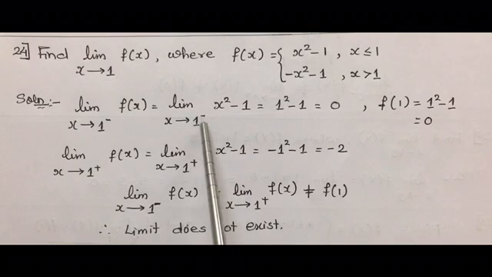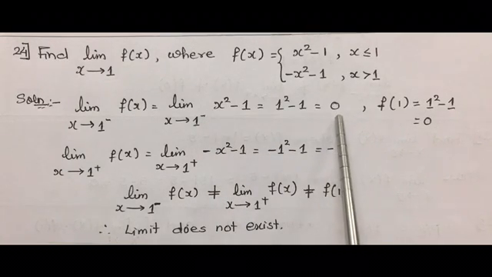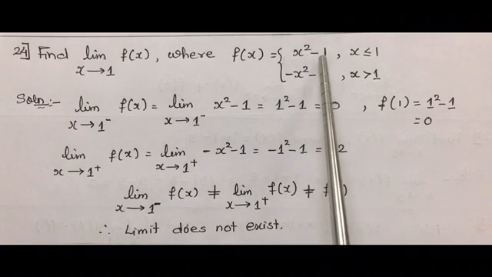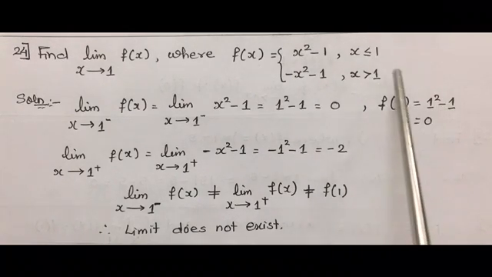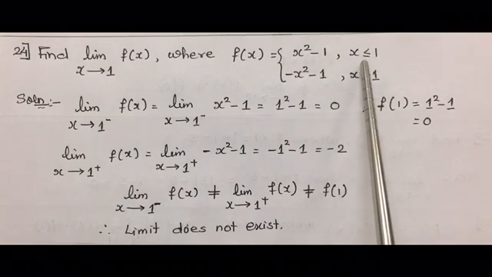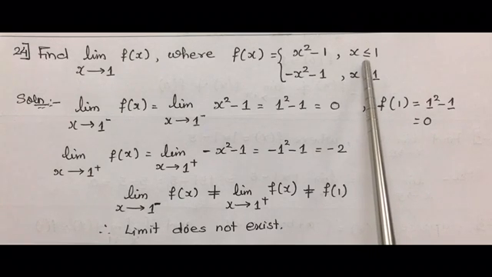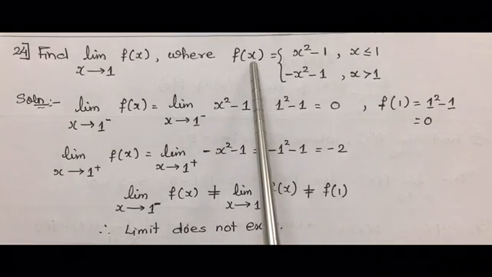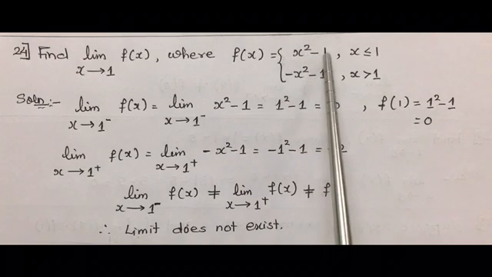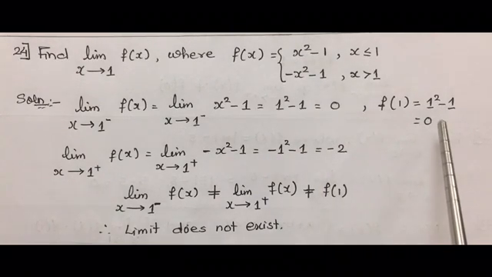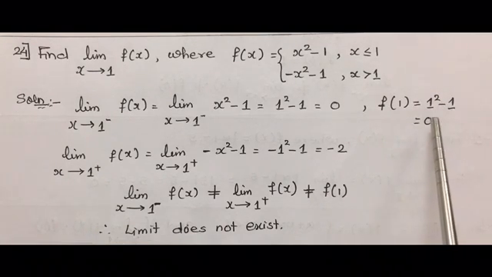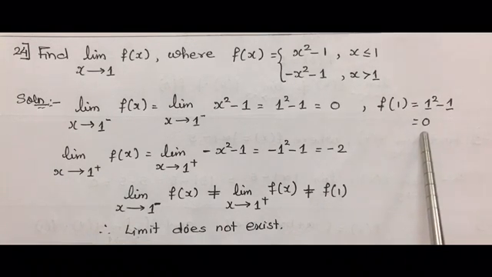Keeping the value of x as 1, we get the answer as 0. Now the same f(x) we have to take for x equal to 1, reason is equality sign is there. So keeping the value of x as 1, we will take x square minus 1 as a function. In the place of x keeping 1 and calculating, it becomes 0.